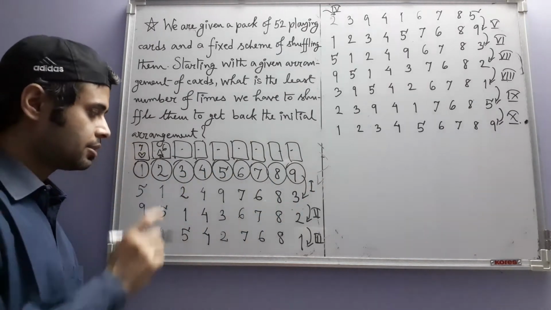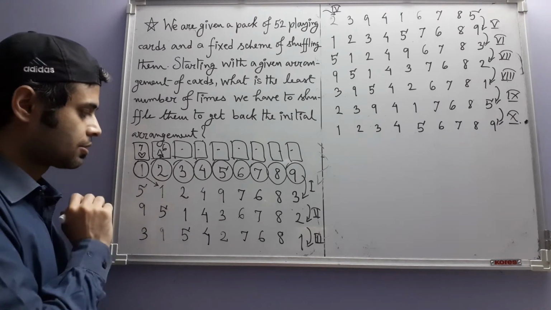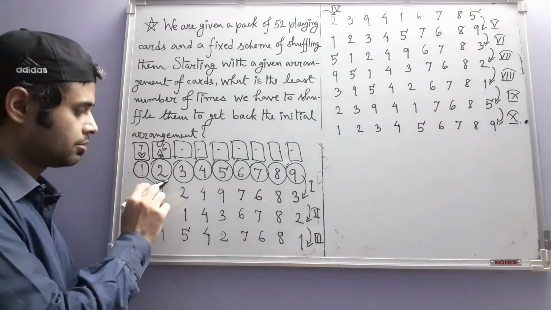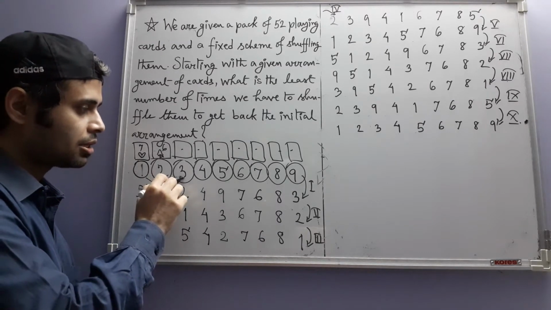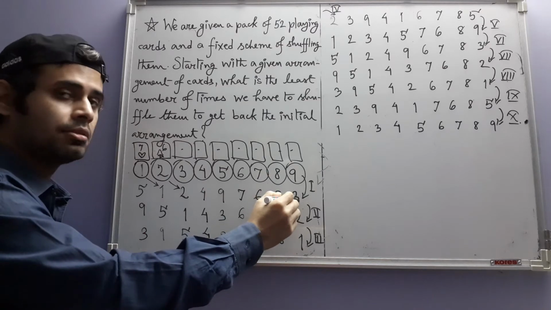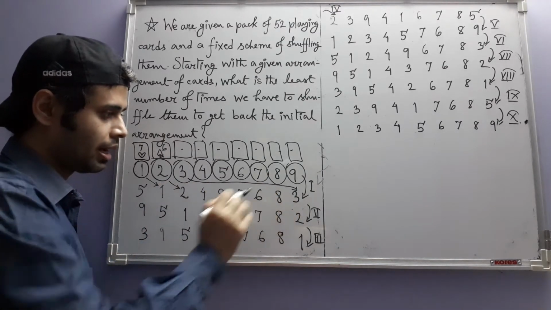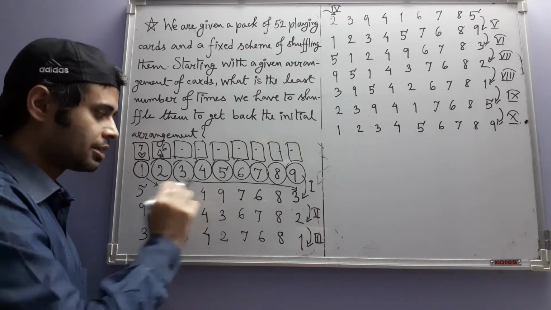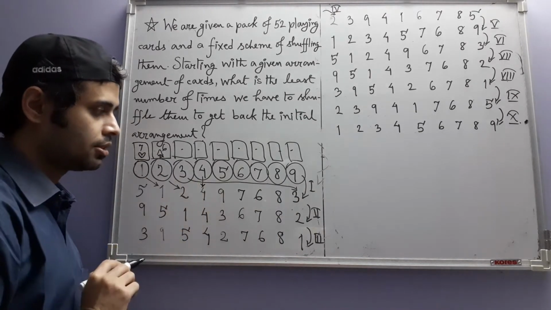Now my shuffling scheme is this. The first one goes to the second place. The second one goes to the third place. The third one goes all the way to the ninth place. The fourth one does not change; it stays in its position.